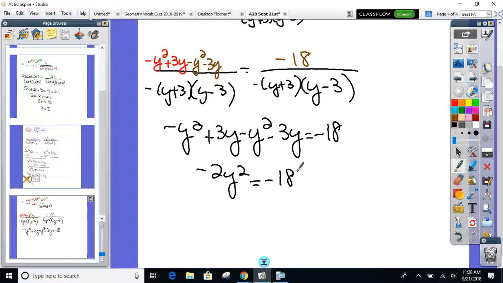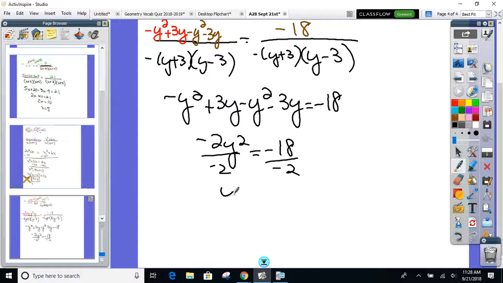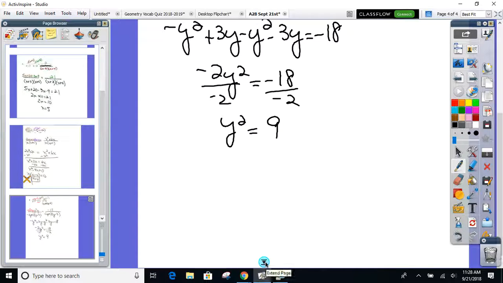Guys want to go from here? Keep going. Okay, we can divide by negative 2. I like it. So what do I have? y squared equals 9. Next thing you want to do? Square root both sides, sure. y equals 3 or negative 3, right? When you take the square root, 3 or negative 3, or plus or minus 3, however you want to show it.